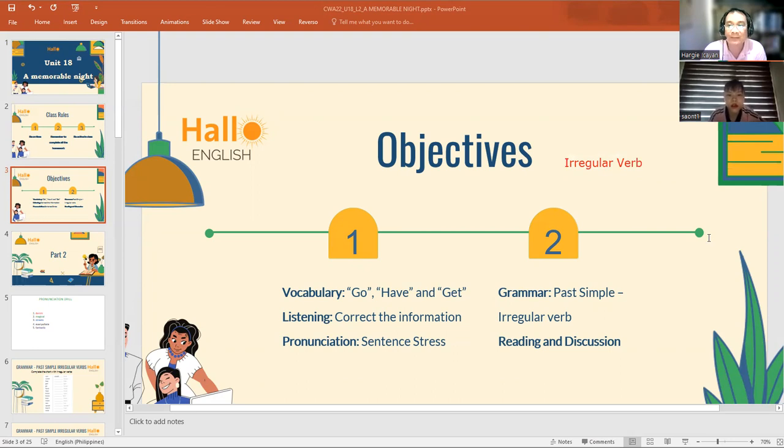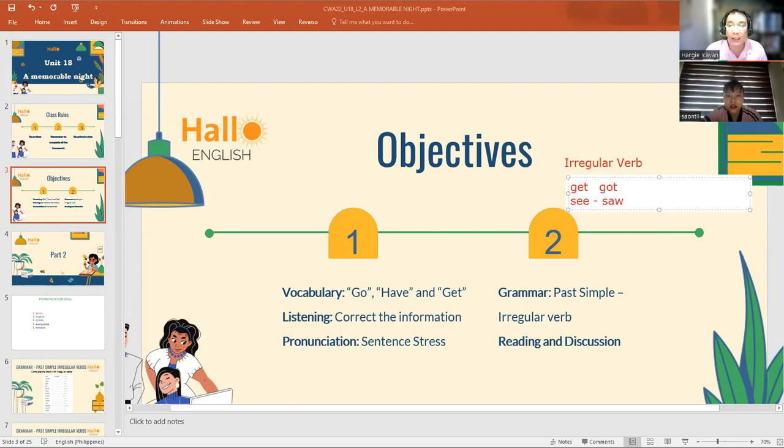Can you give me an example? Okay, get, got. So in forming the past of get, it should be got.